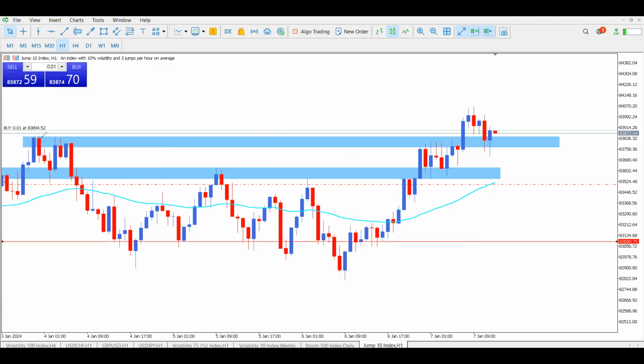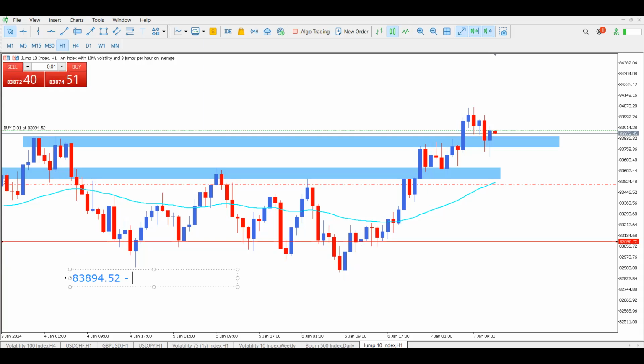So currently I have my entry price, you can see that right here: 83894.52. So I'd say the entry price minus the stop loss. That gives me the pips or the points from my entry to my stop loss position.